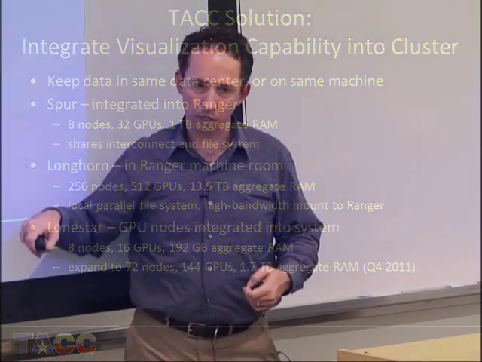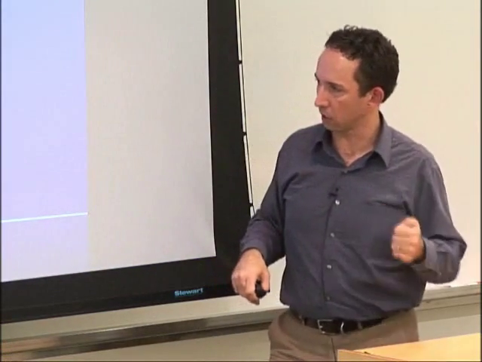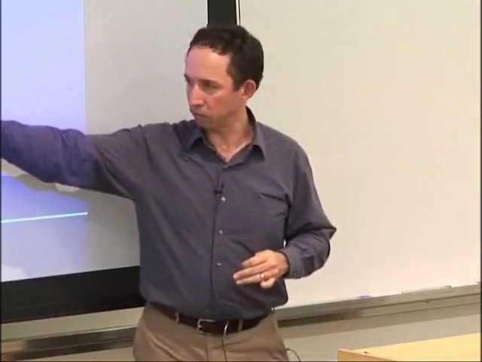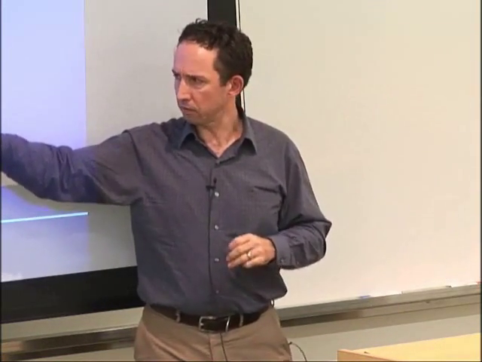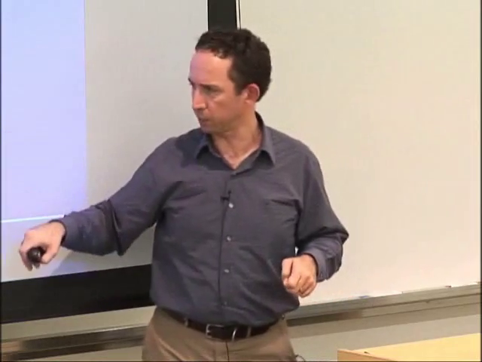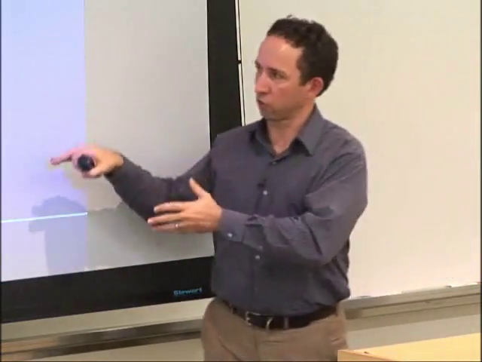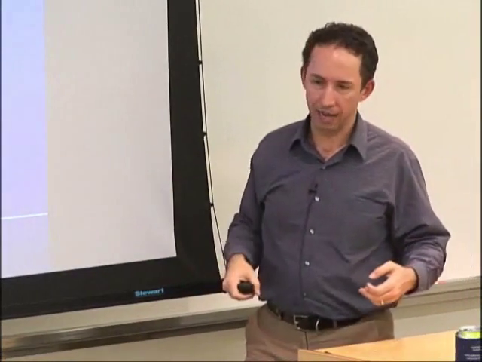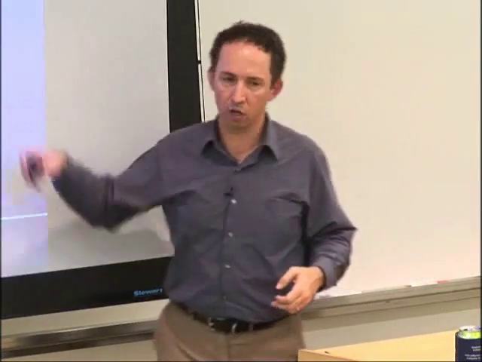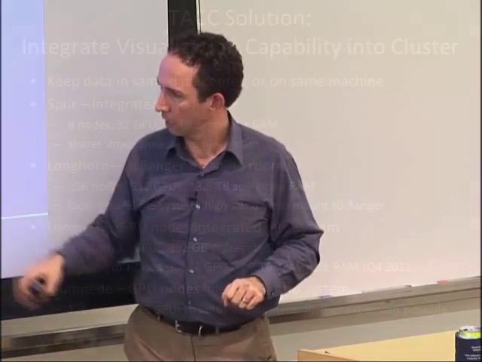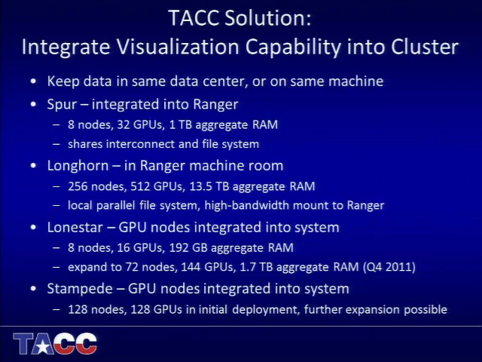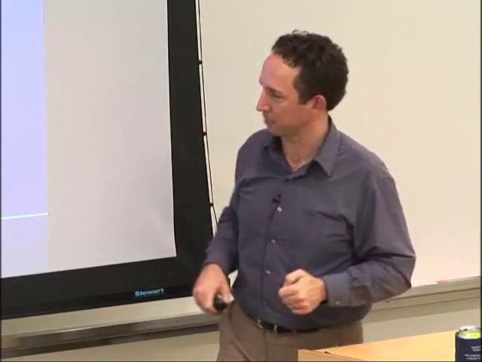And now our Lone Star system that we just released also in 2010 has right now 8 nodes, each with 2 GPUs, but we're going to expand that by the end of the year to 72 nodes with GPUs. So we have a smaller version of Longhorn sharing the same interconnect and disk as the larger nodes of Lone Star. Lone Star is a 20,000 core machine. And our new machine that was just announced, Stampede, which will be a 10 petaflop resource, released at the beginning of 2013, and yes, everything has a Texas tie-in to the naming scheme.